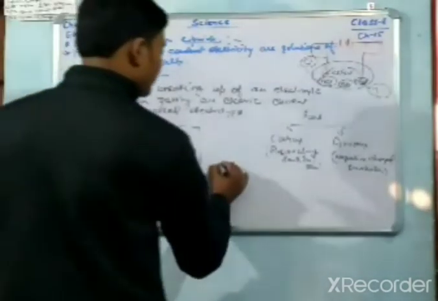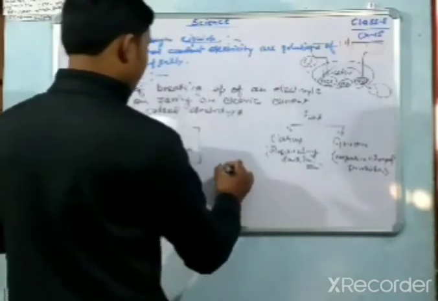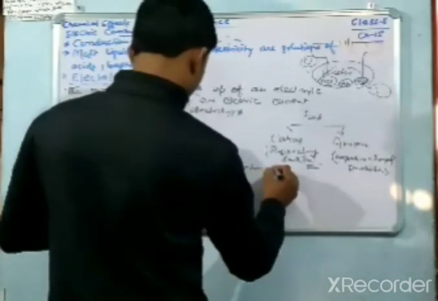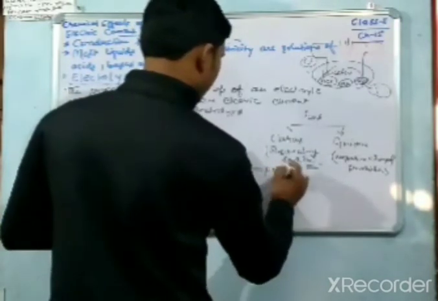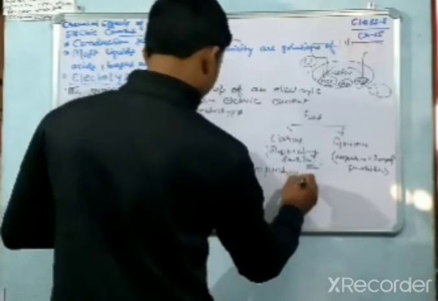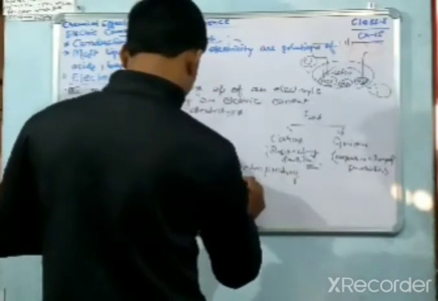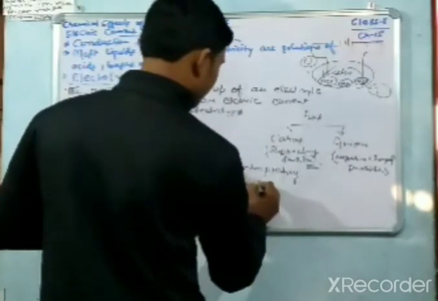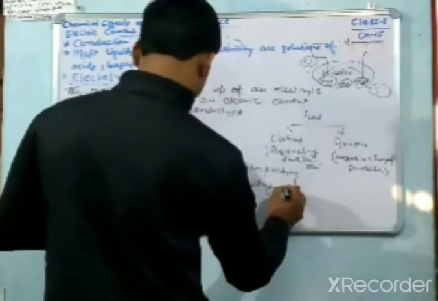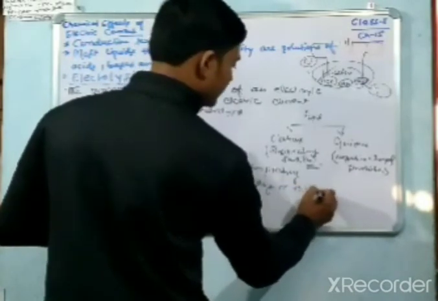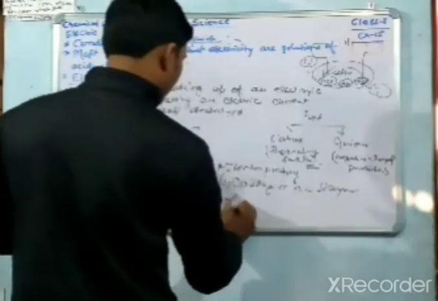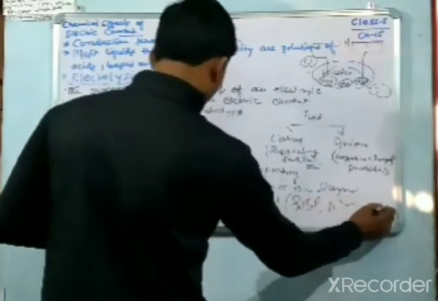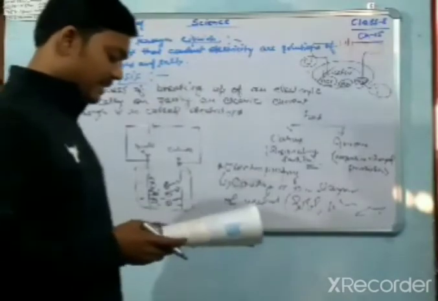So there is a process known as electroplating, just coating a thin layer of metal like gold, silver, copper, aluminium, nickel.